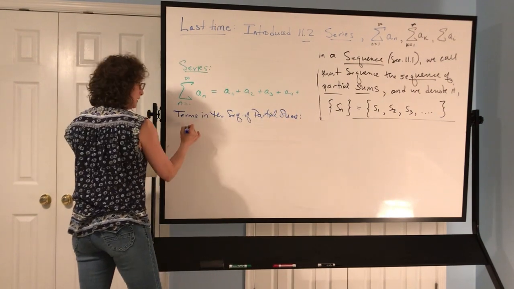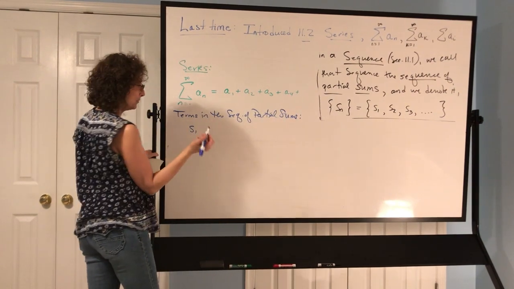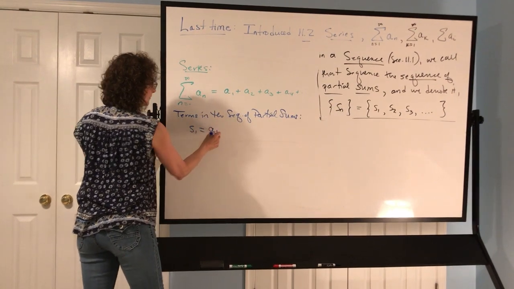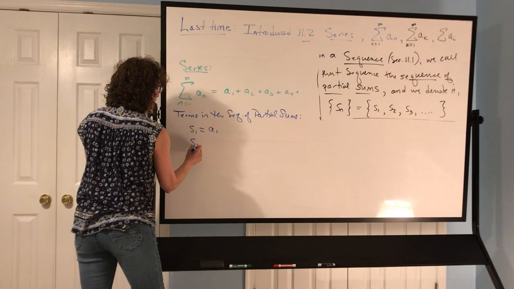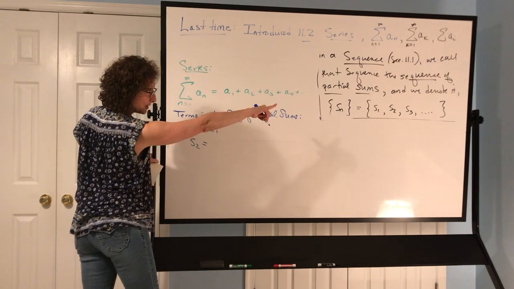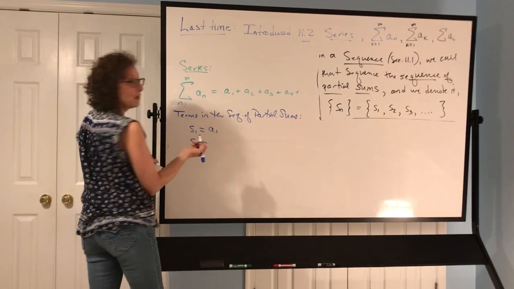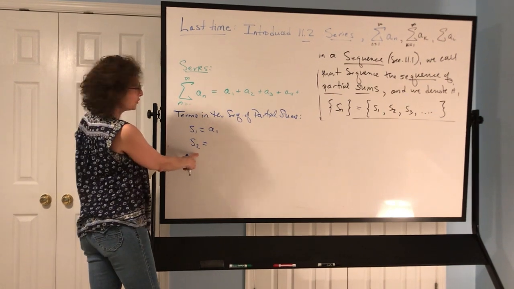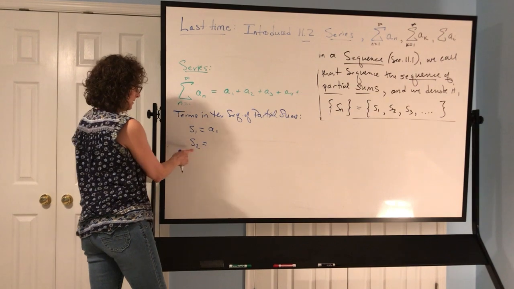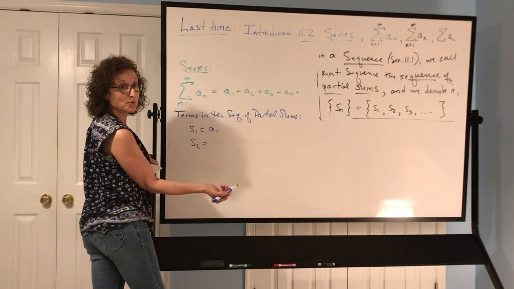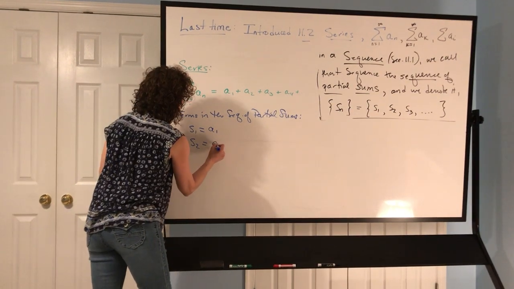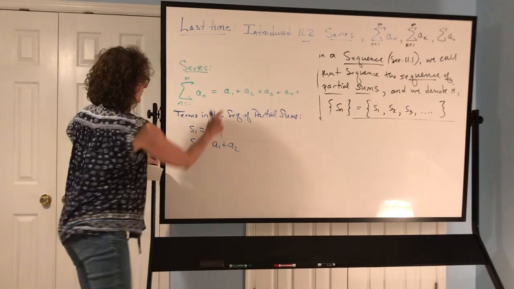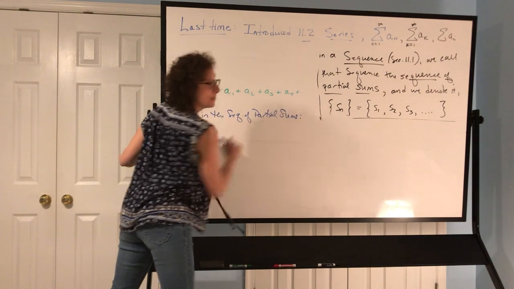Well, the first term, S1, is just the first term, a1. And the second term, S2, would be the sum of the first two terms of the sequence. So what will that be? Good, a1 plus a2.